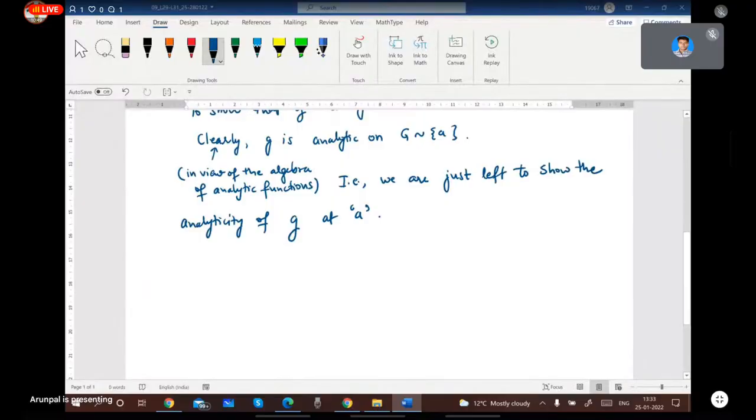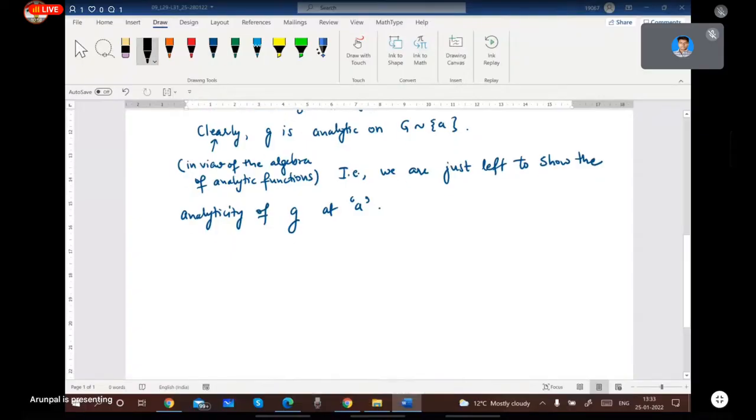Okay. So class, finally we are just left to show that G is analytic at A. For this class we are going to adopt this approach.